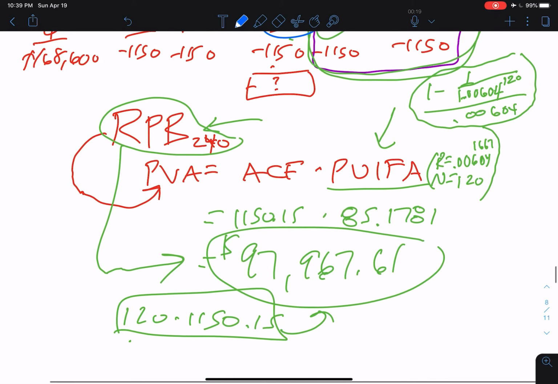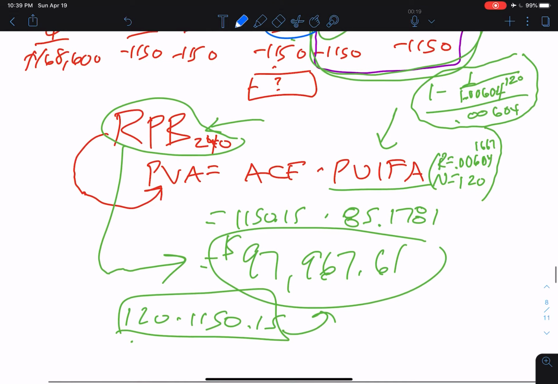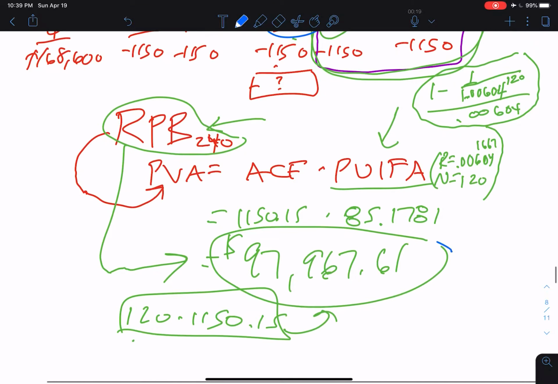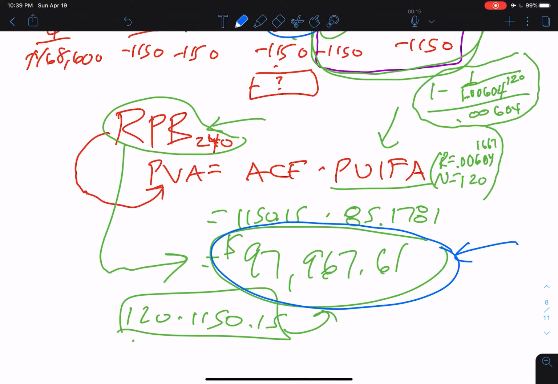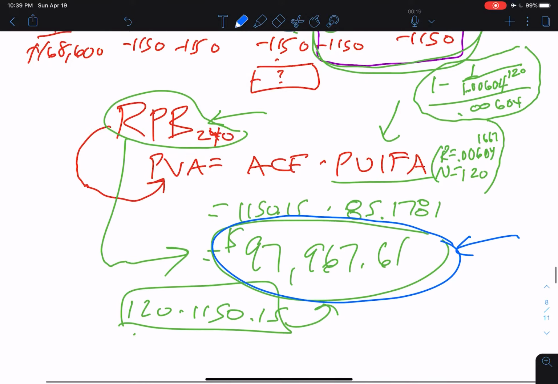That was covered in detail in the last video, and the amount that we paid was $97,967.61 at date 240, along with the regular monthly payment required at date 240. After we paid this amount on top of the regular payment at date 240, our loan was fully paid off.